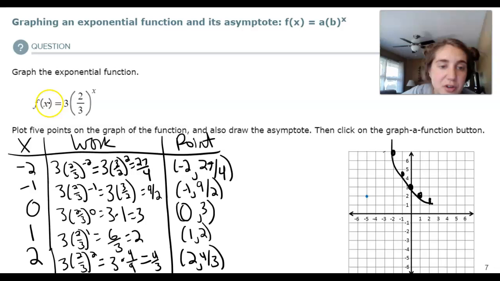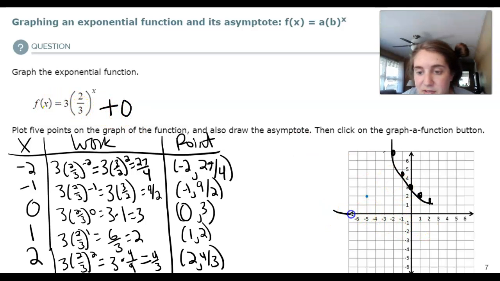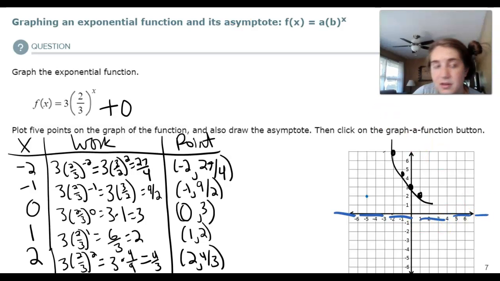Another way to remember the asymptote is that it's always whatever is added at the end. So we added a 0, so I would draw my asymptote at 0. So y equals 0, that's what it's approaching.